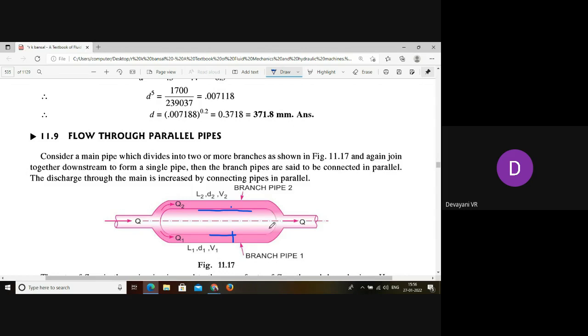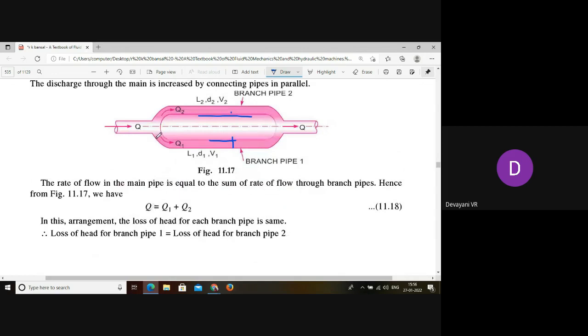In this case the total discharge will be divided into two pipes, that is Q1 and Q2. In case of series, the discharge is the same for all the pipes, that is Q equals Q1 equals Q2 equals Q3.